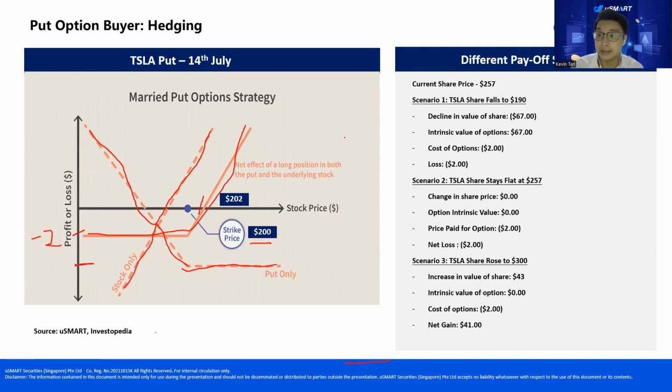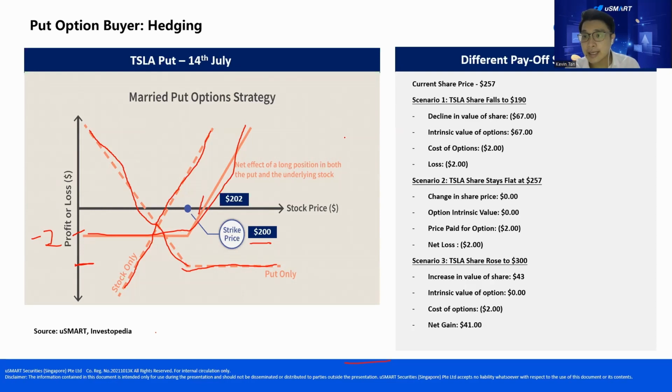So they offset each other. The downside in your share is basically offset by the upside in your options. In terms of the option value, they will offset your decline in your share price. And the only thing that is having a loss right here is actually the cost of having this option, and that is $2.